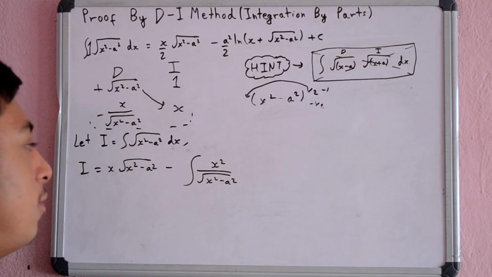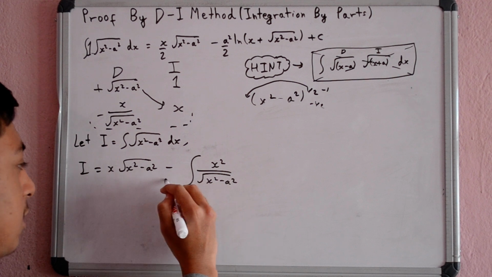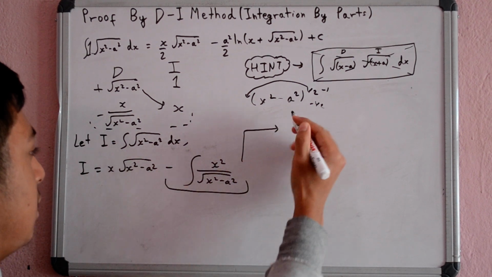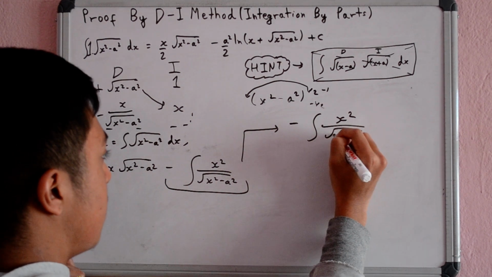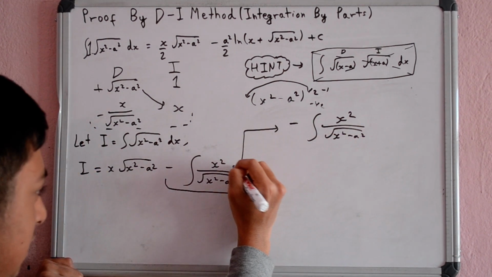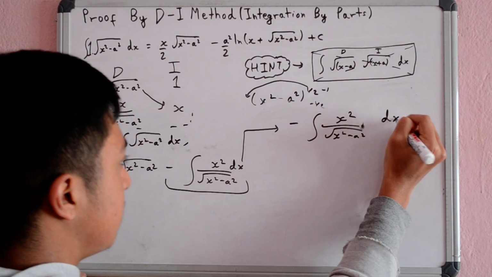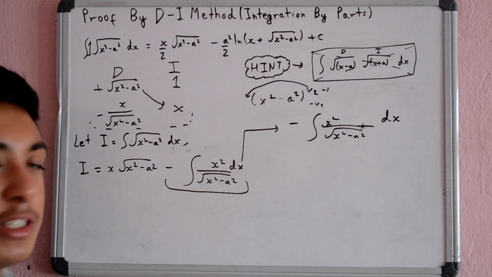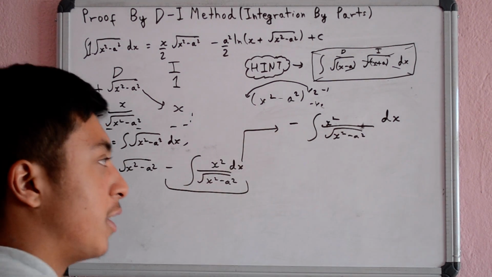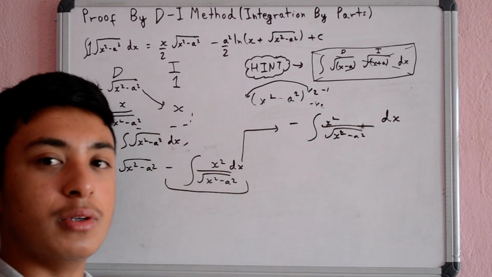Now let's solve this integral right here: minus the integration of x square by root x square minus a square dx. If you notice, on the denominator we have x square and also on the top we have x square.